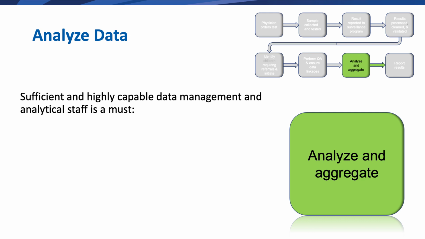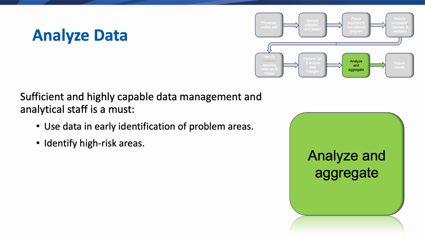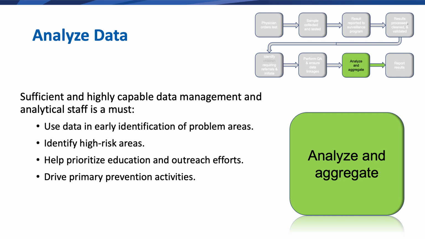This is vital to ensuring the systems are working as expected and that the data can be utilized appropriately. Analytical staff will allow the program to work with the data and use it to identify problem or high-risk areas, and allows program staff to perform outreach. But more importantly, proper analysis of data can be leveraged along with other census and demographic data to drive primary prevention activities, which can eliminate childhood exposure to lead.